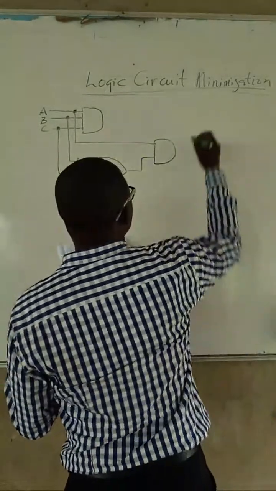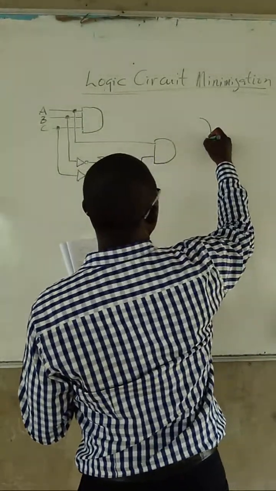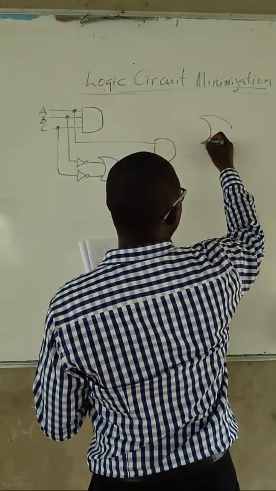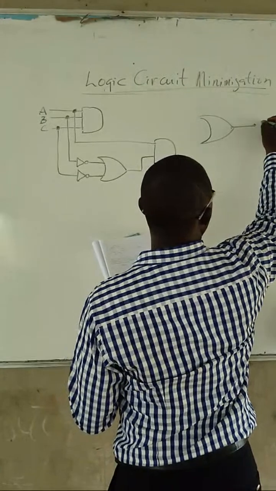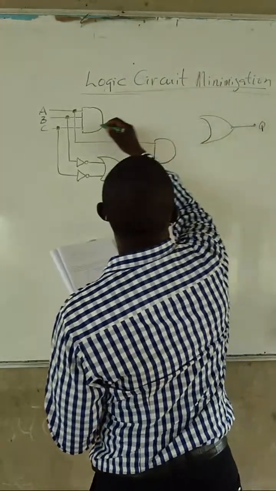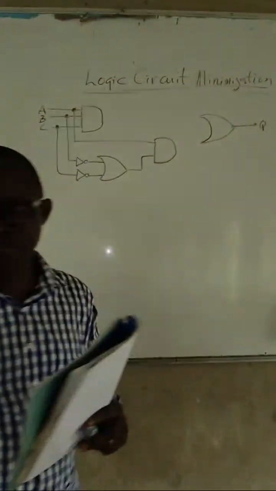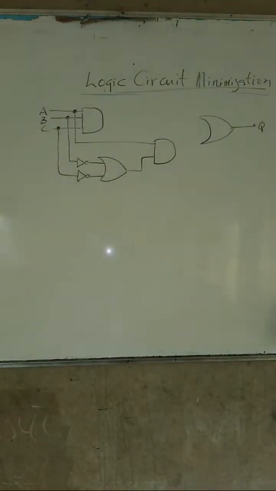So the final output is an OR gate giving us output Q.